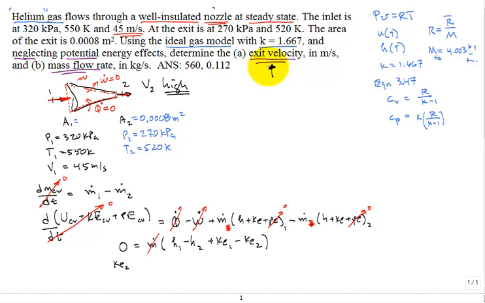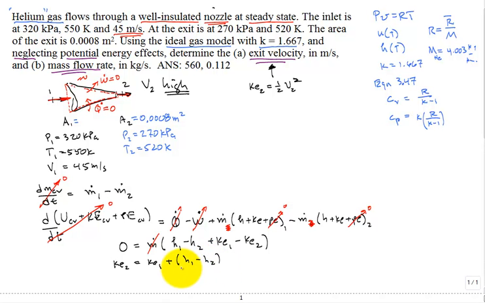We know the kinetic energy at state 2 is 1/2 V2 squared. So if we can get the exiting kinetic energy, we can get the velocity. So that's our approach. That's equal to KE1 plus H1 minus H2.